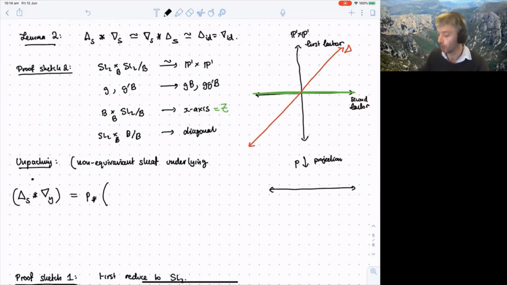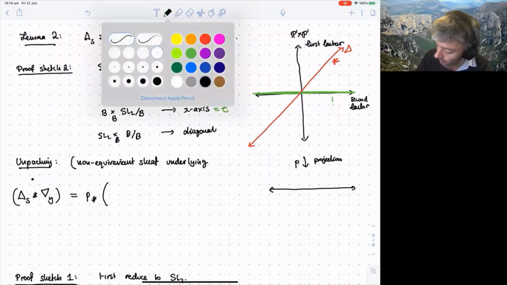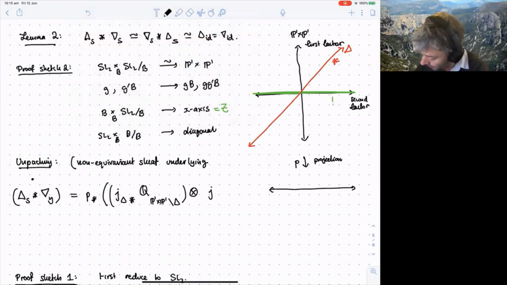We basically do a star extension along here and tensor with a shriek extension along here. So this is P lower star of J delta star of Q on P1 times P1 without the diagonal, times J Z shriek of Q on P1 times P1 without Z.